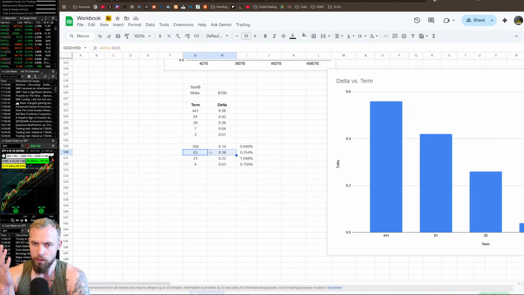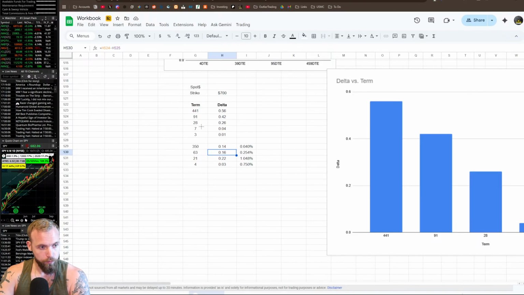That's fascinating, isn't it? Because we changed 350 days, but we had less change in delta. But then all of a sudden, we only change by 63 days, and we change delta by 0.16. Massive change. So what is that? What does that tell you intuitively? That charm is accelerating in here. So even if you don't have charm on your chart, you can have an intuitive understanding of how it behaves.